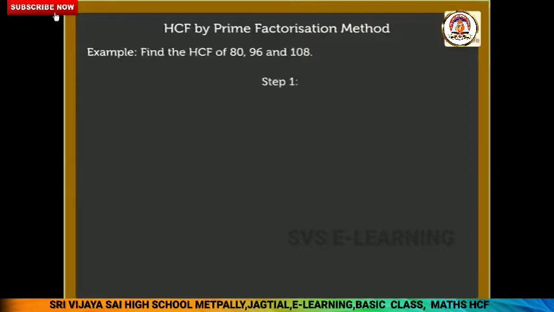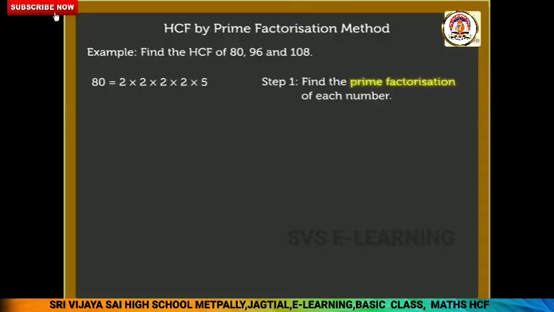Step 1. Find the prime factorization of each number. So we get 80 is equal to 2 into 2 into 2 into 2 into 5. 96 is equal to 2 into 2 into 2 into 2 into 2 into 3.